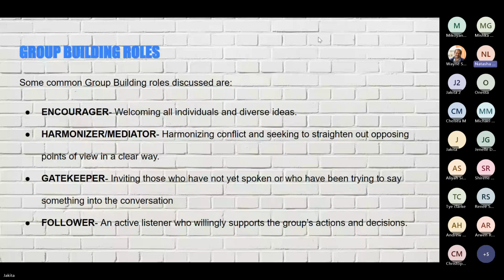And then we have the gatekeeper, inviting those who have not yet spoken, who have been trying to say something, into the conversation. And then we have the follower. We've heard about the follower from our previous discussions, but that person is an active listener who willingly supports the group's actions and decisions. And why do we need group roles? Actually, it's really to encourage individual accountability.